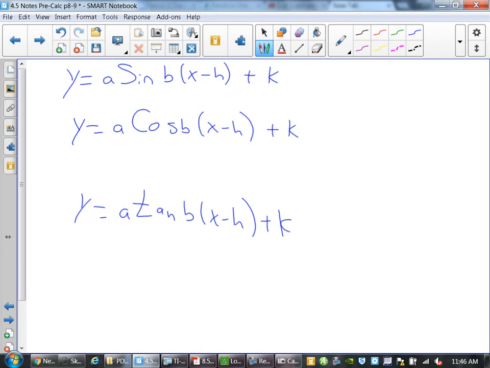Your horizontal and your vertical. Kathy? So basically what happens then, if you guys forgot, which you do, your H and your K are going to shift you.